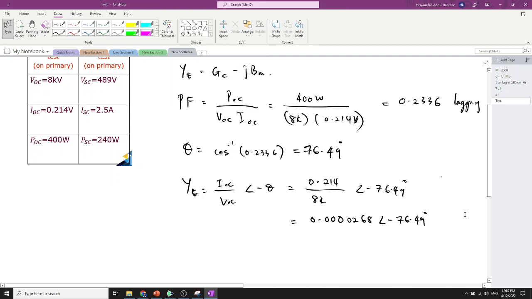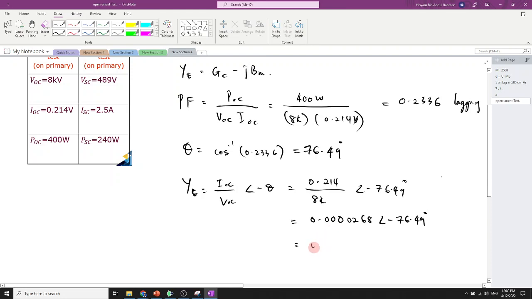Boleh saya try tu? Okay, so now you try to open it. You must have the real and imaginary part. 6.249 micro, exponent negative 6.